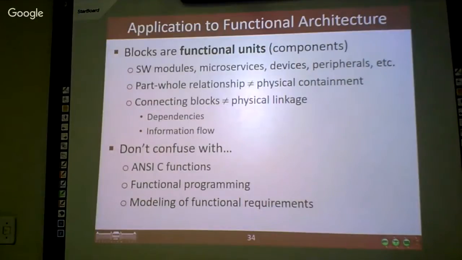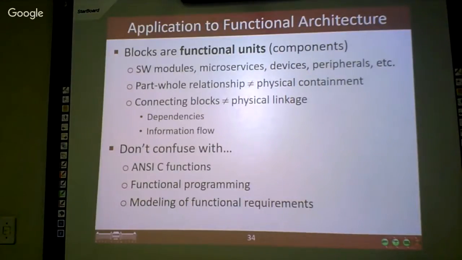And what is important, that part-whole relationships that are represented with the help of blocks don't necessarily mean a physical containment. And connecting blocks doesn't necessarily mean physical linkage. So it can be dependencies or some kind of information flows.